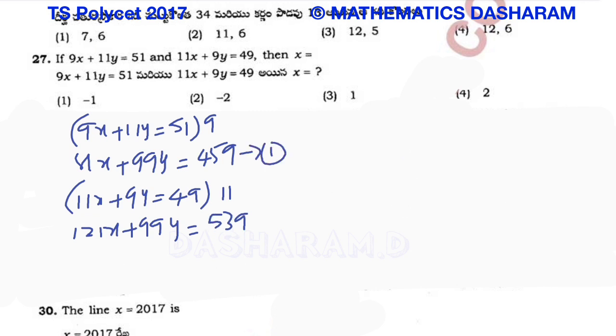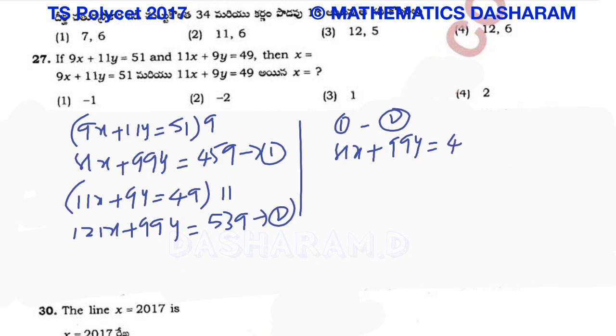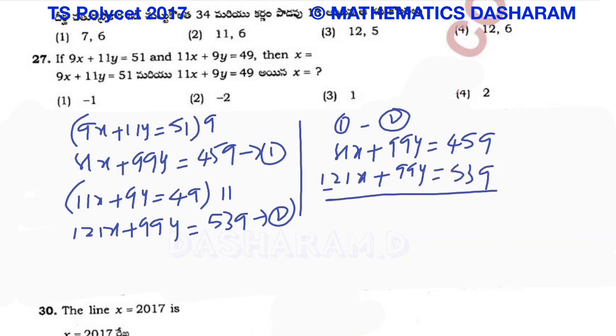Now this is equation 1 and this is equation 2. Now equation 1 minus equation 2: 81x plus 99y equal to 459, next 121x plus 99y equal to 539. Now change the symbols.